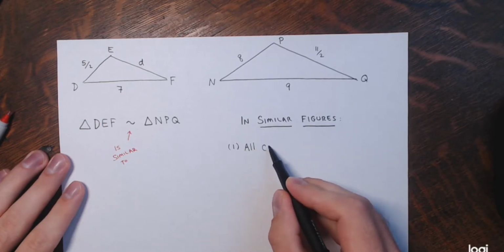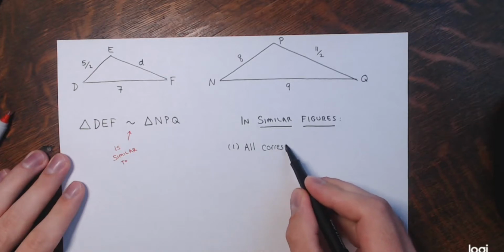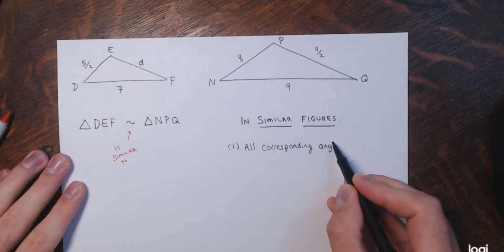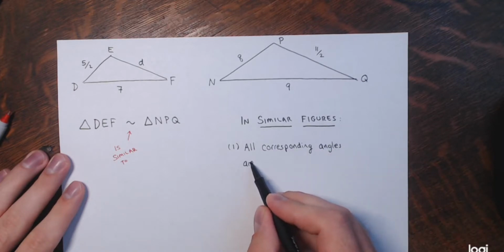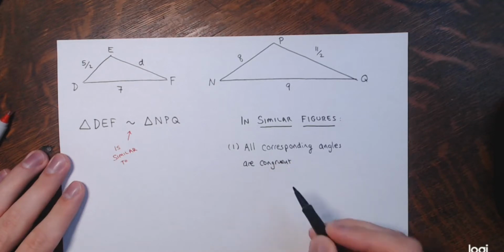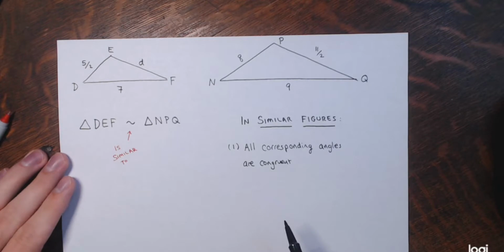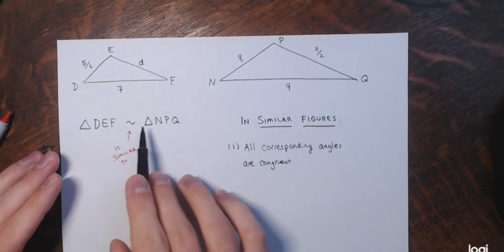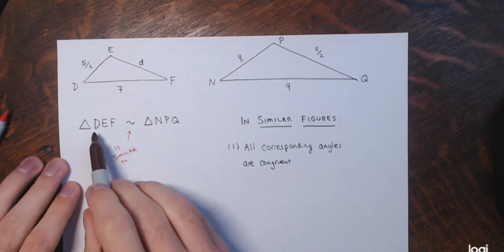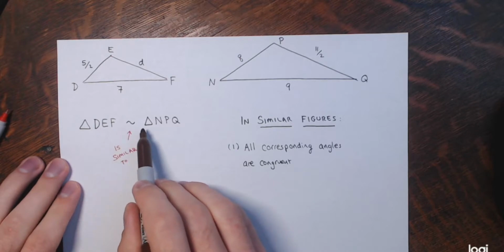All corresponding angles are congruent, meaning they have the same measure. So you've got to pay attention again to how they're named to say what angles are corresponding. So in this picture here, they named the triangles. They said triangle DEF is similar to triangle NPQ.